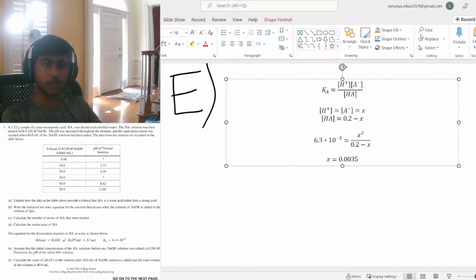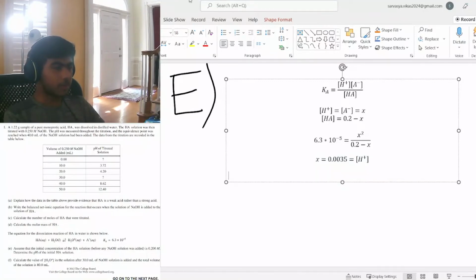Now we still haven't answered the question. They asked us for the pH of the initial solution, and we still haven't found the pH. We just found the concentration of hydronium, H plus. How is that helpful?